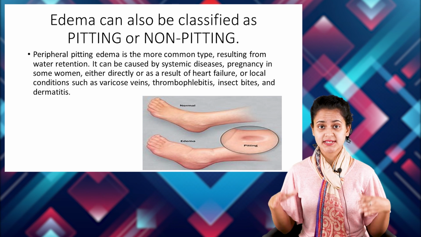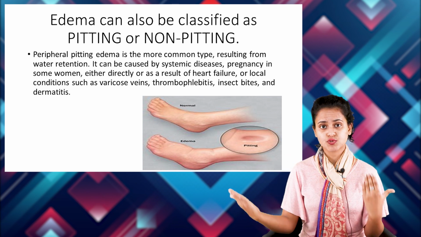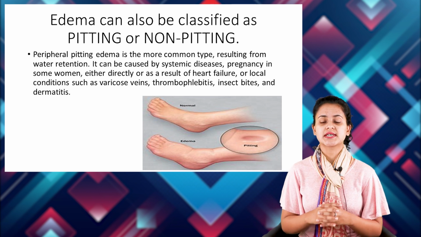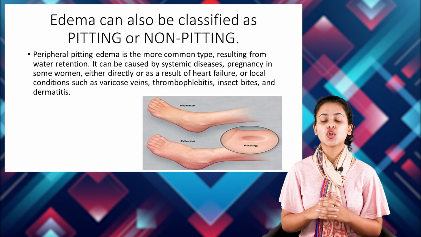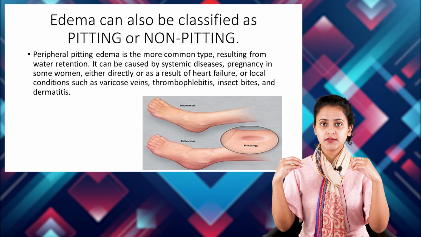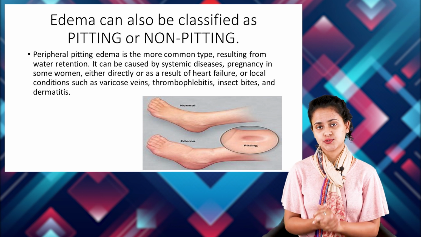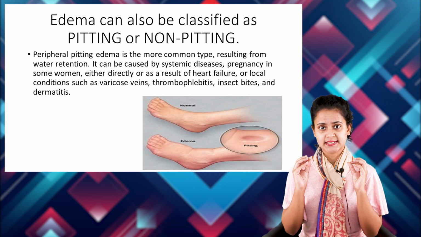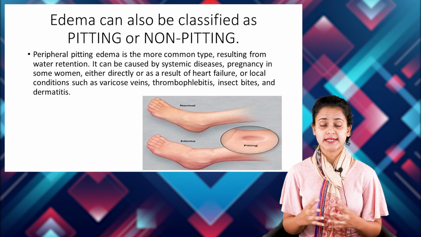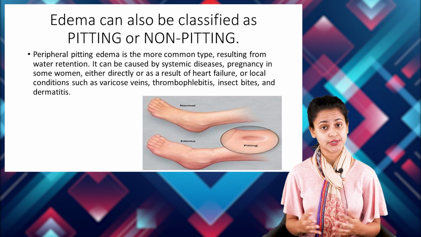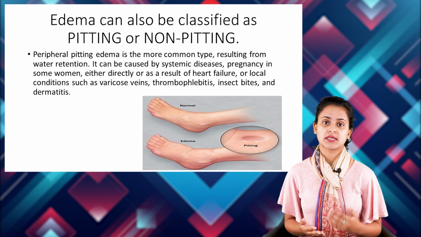Heart failure, directly or indirectly, also develops edema. Local conditions such as varicose veins, thrombophlebitis, infections, and bites also lead to localized pitting edema. Dermatitis is also considered a very common disease condition often causing pitting edema.